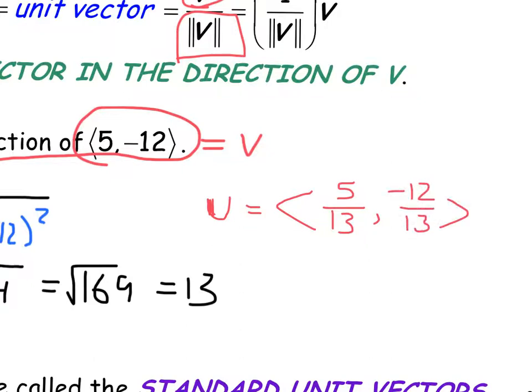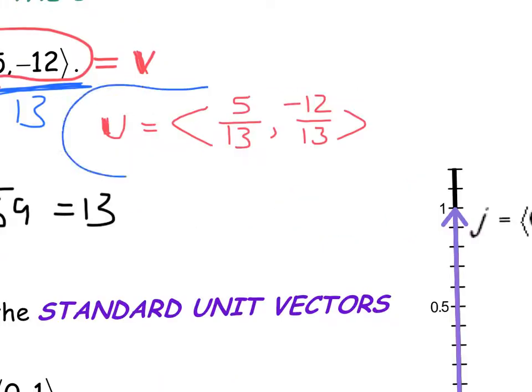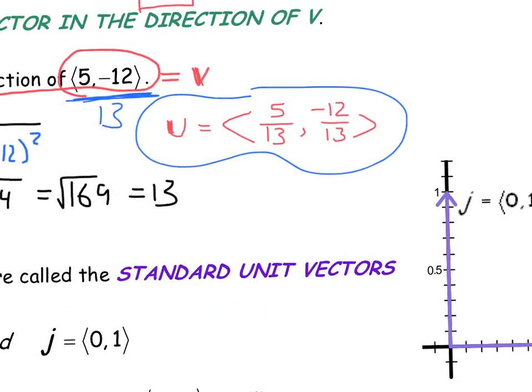And that's it. In other words, we divide this puppy by 13, each component, and we're done. Our unit vector here doesn't always have to have fractions, but in this case it does.